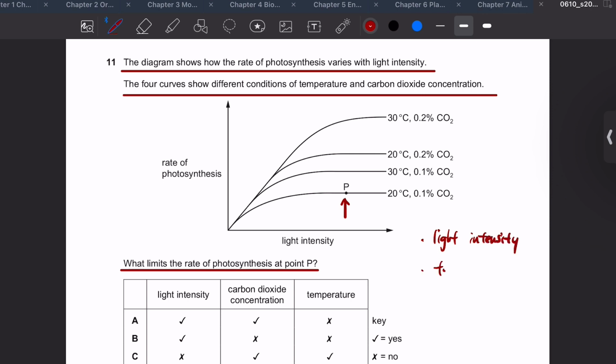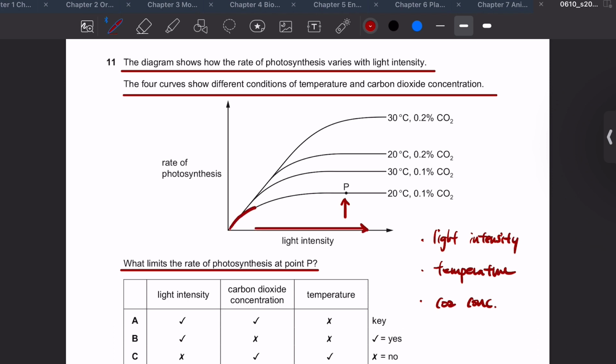Second one is temperature. Third one is CO2 concentration.